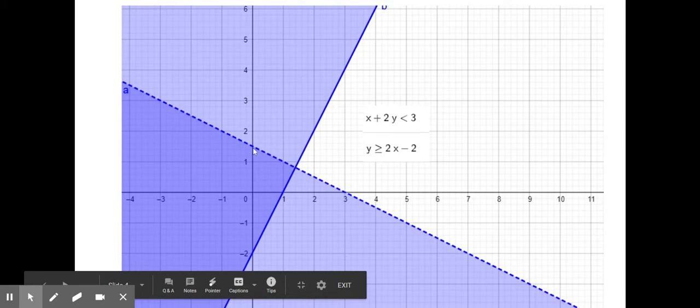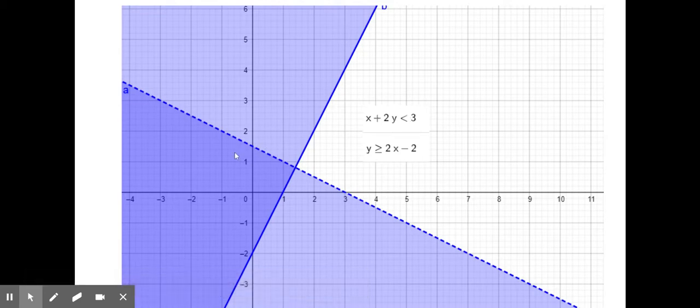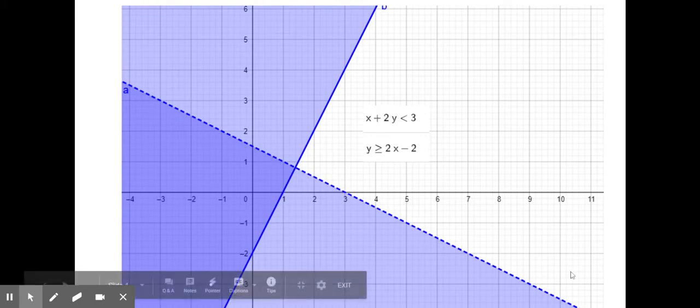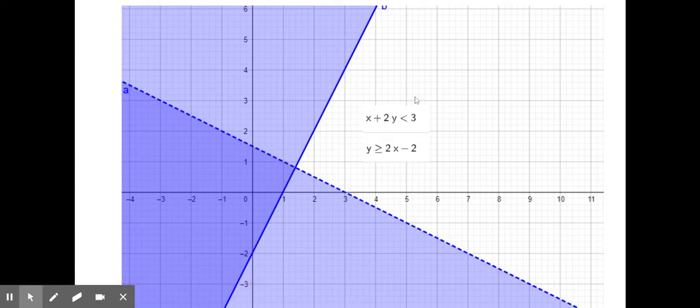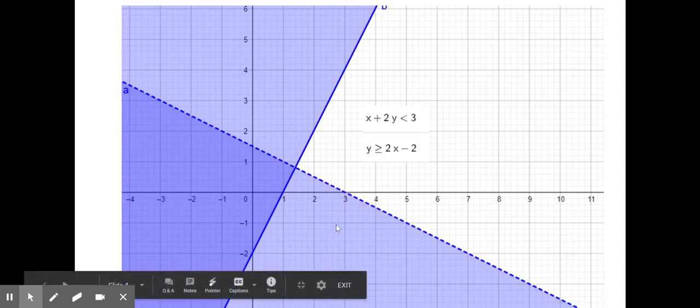So please see 3/2 is 1.5, and it's got a slope of negative half. So down 1 over 2, whatever the case may be, it's that line. And so that would end up shading this side. So the solution set for this linear system of inequalities is where those two shaded regions overlap. So this dark shaded region is the solution set.